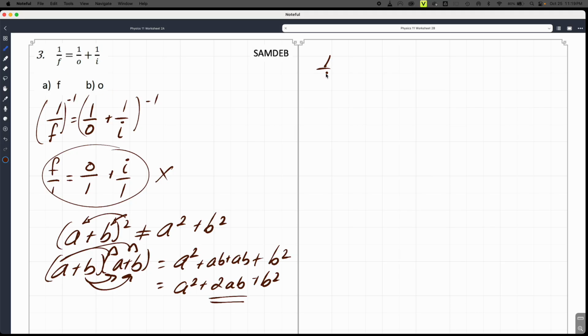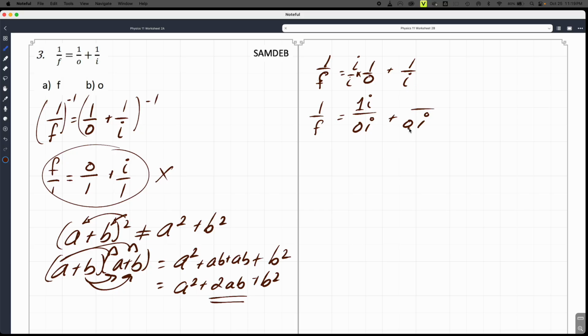And that's relatively easy. We can do it by looking at the denominators and grouping these using a common denominator. The common denominator is OI. To achieve OI for 1 over O, we're going to have to multiply the numerator and the denominator by the letter I, so this works out to be 1I.